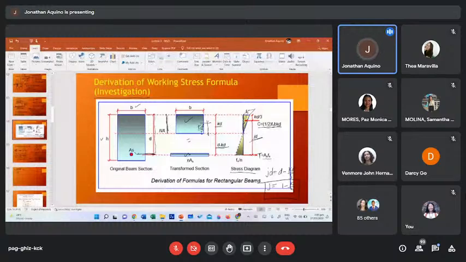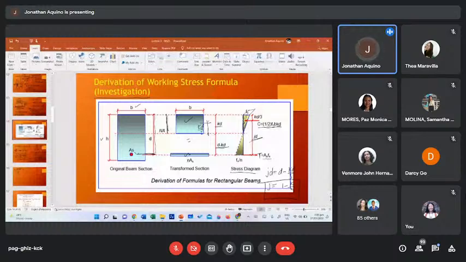Ano pa kailangan mo para makuha mo yung moment capacity? So, yung compression is 1/2 fc b kd. So, yung b and d is the dimension of the beam. And k, ito yung nasolve natin na values.